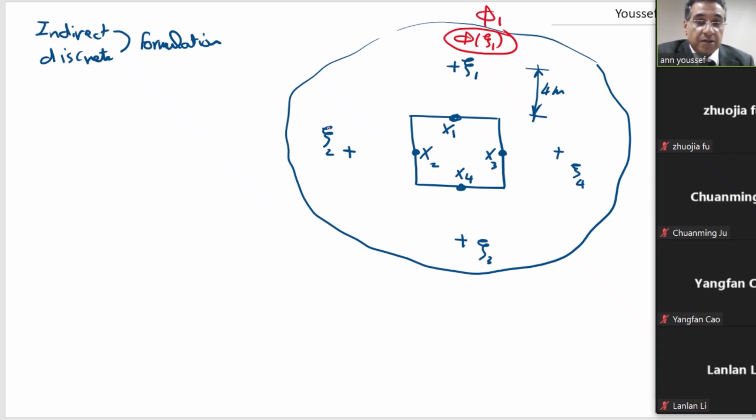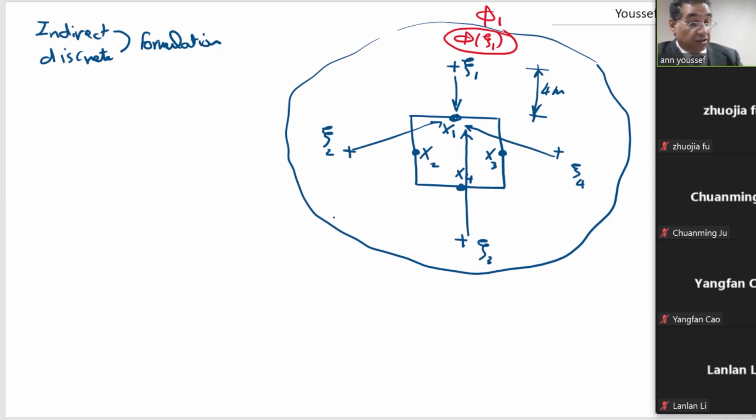The same for this source, which will have phi of xi2, and so on. Each source will give an effect at each of these points, and the last source will give an effect at this point. Every source will give an effect for U and for Q.